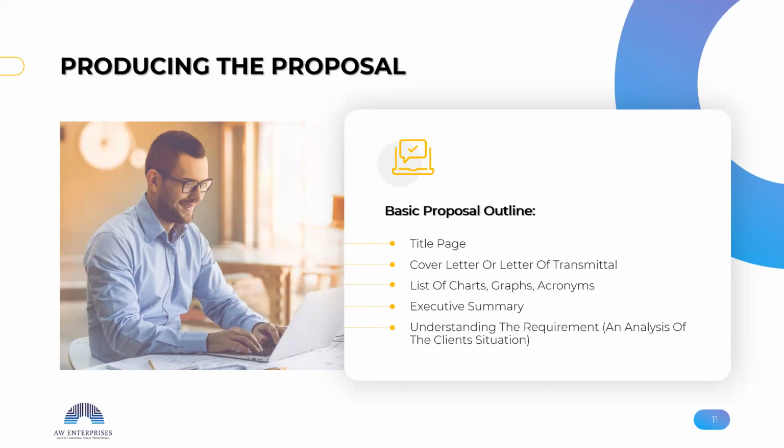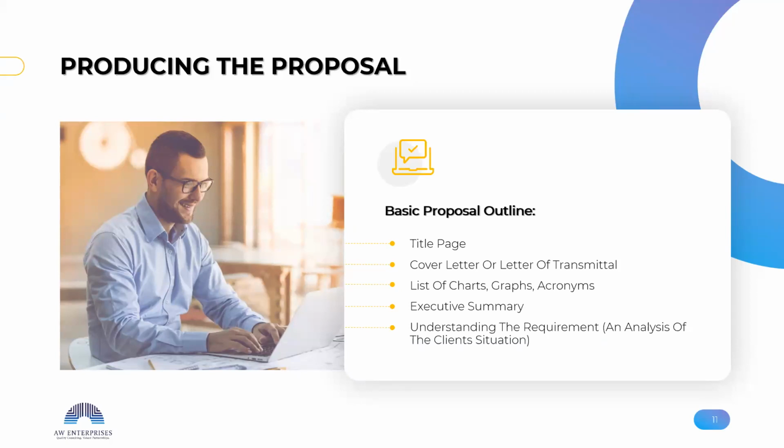A lot of RFPs, especially in the DoD realm, will tell you that one of the proposal requirements is to provide an acronym list of any jargon that you may use in your writing.